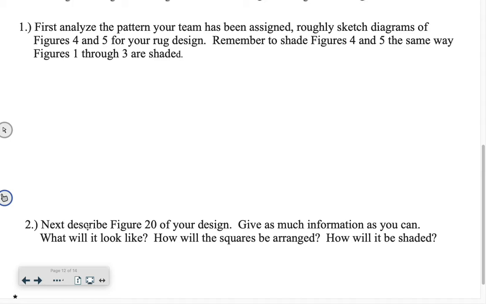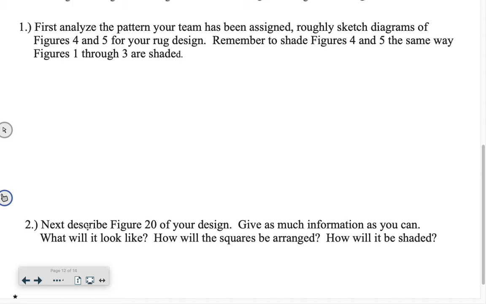I understand. I was just finishing that up. We know it goes up exponentially. Sketch your diagrams, label the diagrams, put the numbers in, and the dimensions.